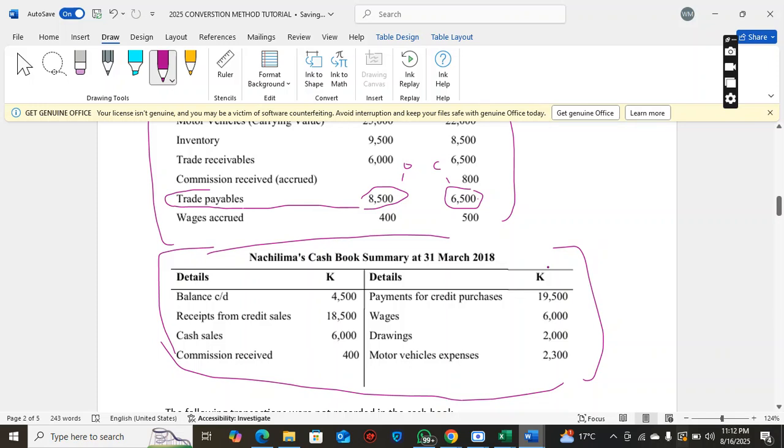In our cash book, do we see any transaction that is related to the payables control account? The payables control account is usually dealing with credit purchases. So if we look on our cash book, do we see any transaction dealing with the payables control account?